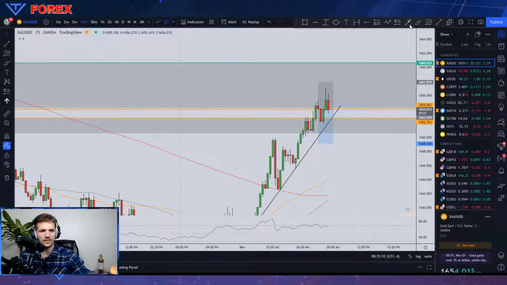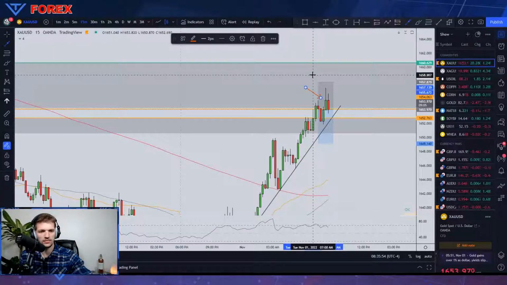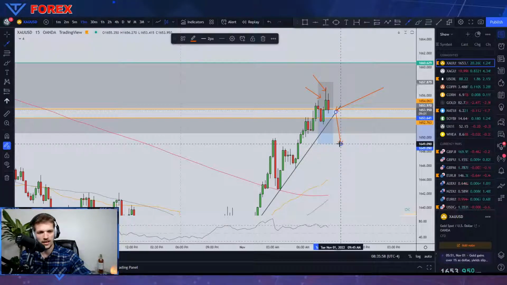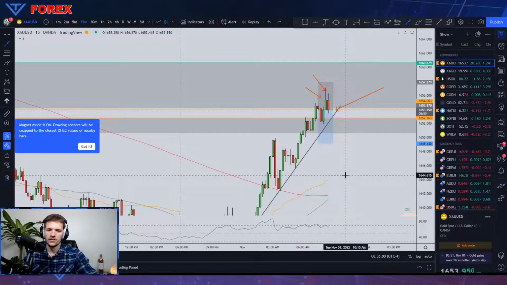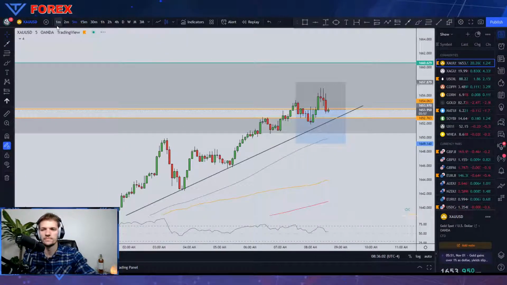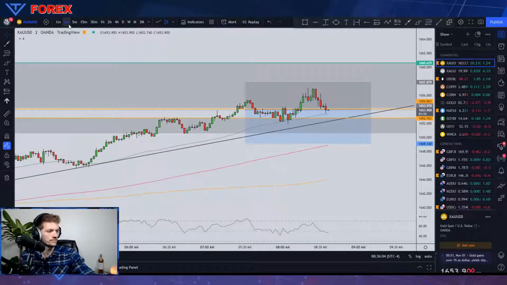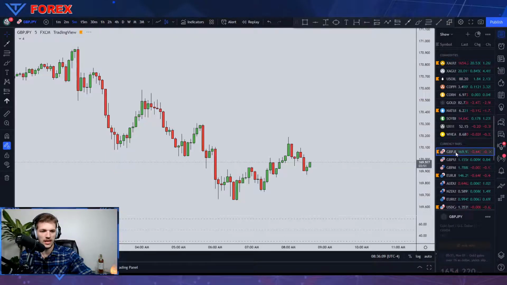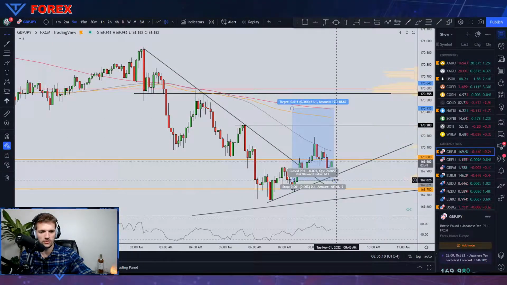I like the fact that we broke the high, rejection wick, potential bearish engulfing, head down. That'd be great. What would be great is if gold just tanked and pound yen just soared.